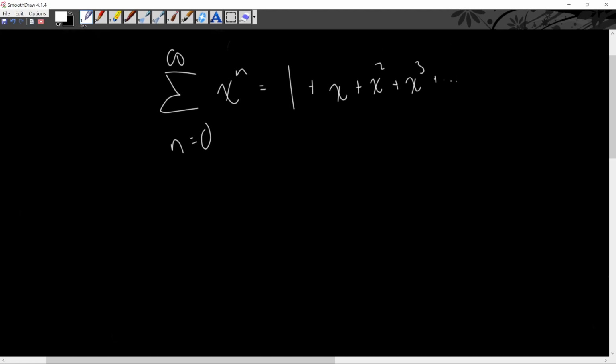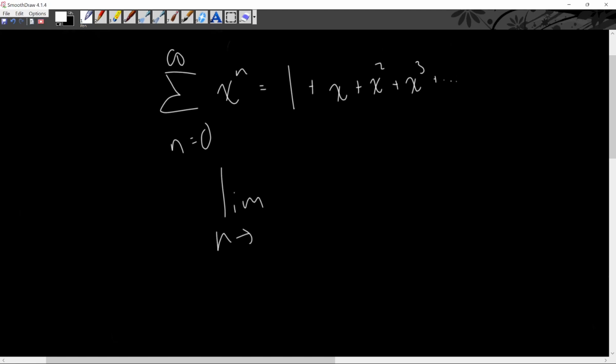If it equals 1, it's inconclusive, and if it's greater than 1, it diverges. And the most important thing about the absolute value of the ratio test being less than 1 is that it's absolutely convergent. So if we're trying to find the radius of convergence, we're going to need to find where it is absolutely convergent.